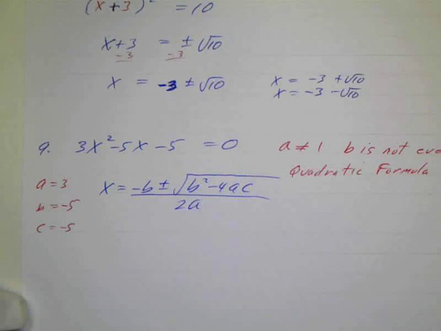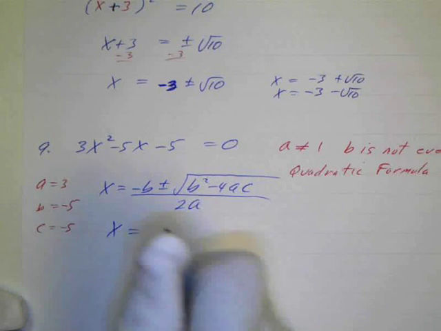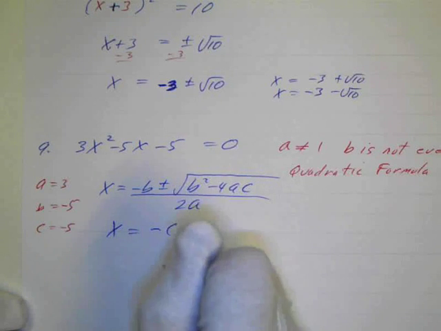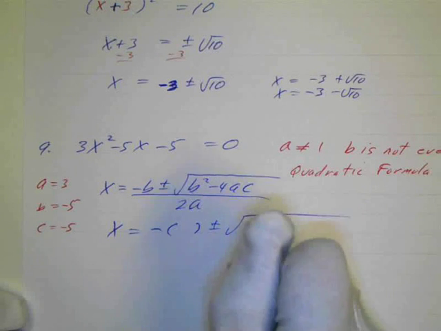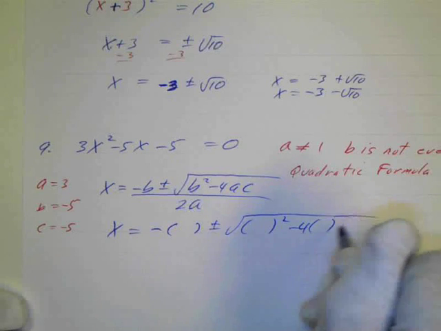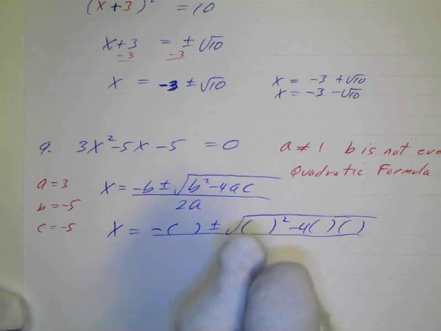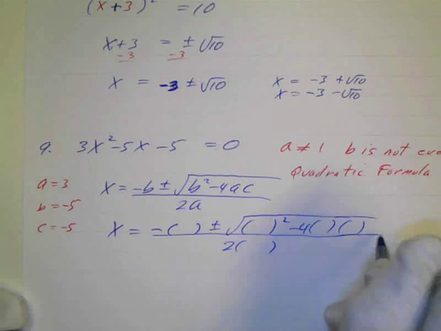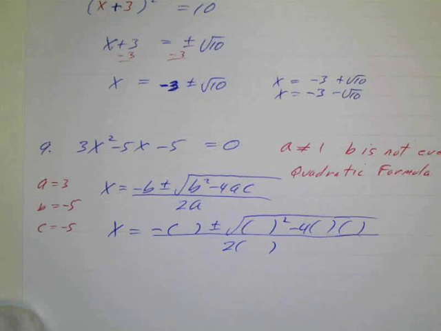Not a real good example there. Sorry about that. x equals, and I'll put a negative, and I'll leave parentheses here. So write your formula down without the data, and then input the data.